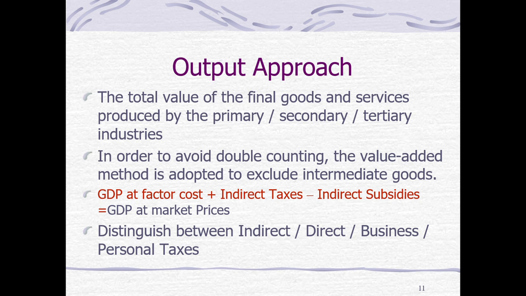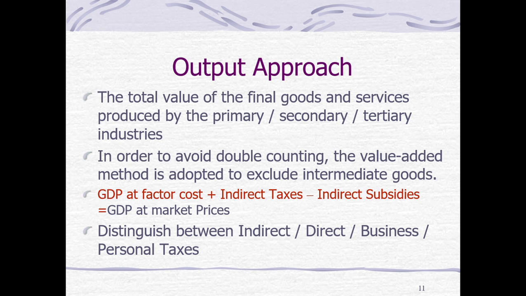The 200 Ghana cedis of the jewelry includes the gold, the 100 Ghana cedis gold that was used to do it. So in order to avoid double counting, either you take the value of the final commodity, that is the jewelry, and you ignore the gold, or you take the gold, which is 100 Ghana cedis, and when you get to the jewelry, you will not take the 200 Ghana cedis, but you ask yourself, what value was added to the gold to produce the jewelry?